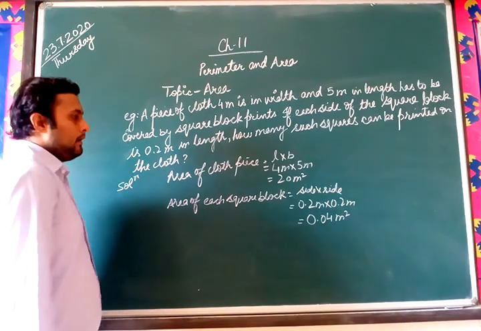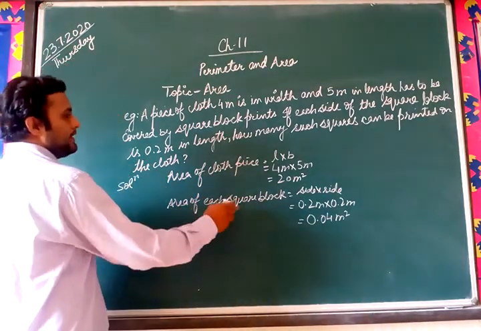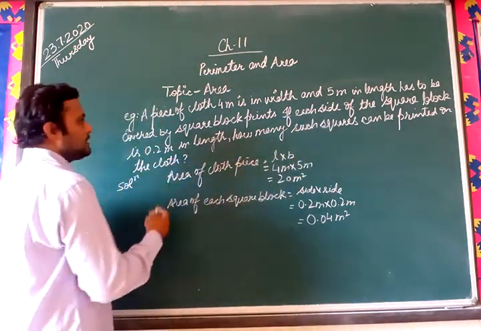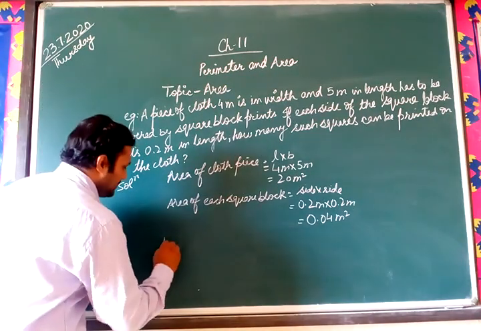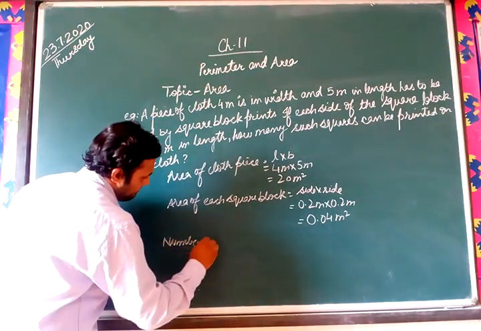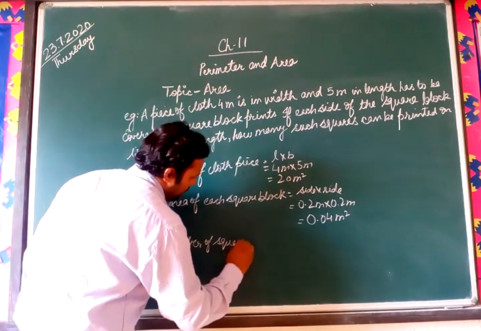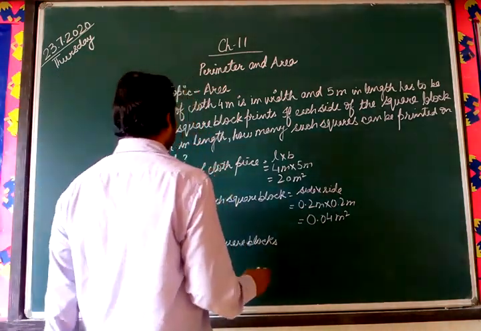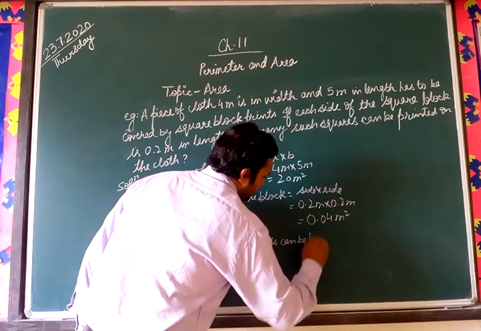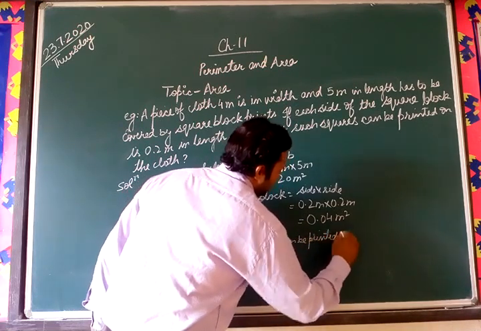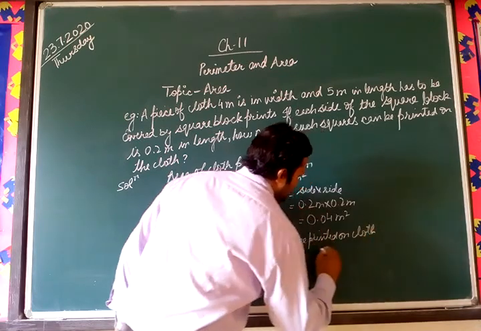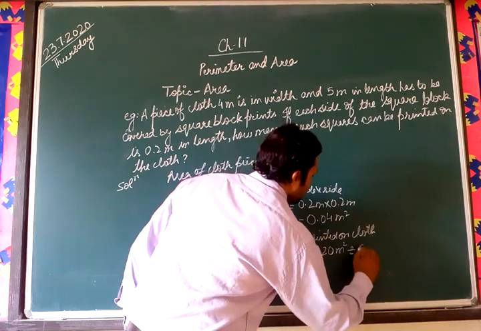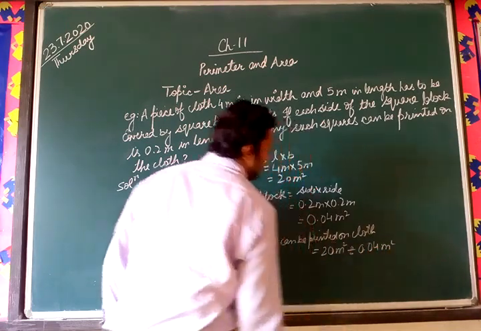So in this way you have to find the area of the cloth piece and the area of each square block. Now you have to find how many square blocks can be printed on the cloth. The number of square blocks that can be printed on the cloth will be 20 meter square divided by 0.04 meter square.